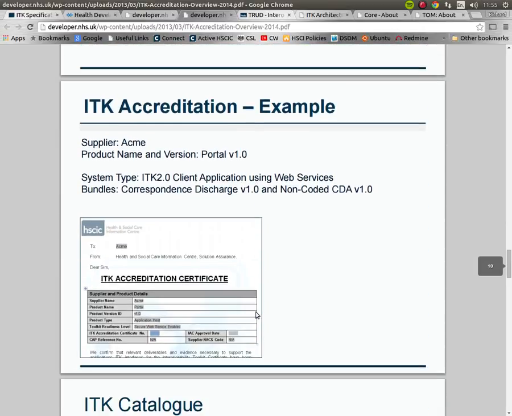When we accredit a system, effectively we accredit it against a specific version, against a specific product, and we detail what we term the bundles that have been accredited against it. So whilst I've highlighted the word bundles, it's worthwhile just digging into that slightly further.